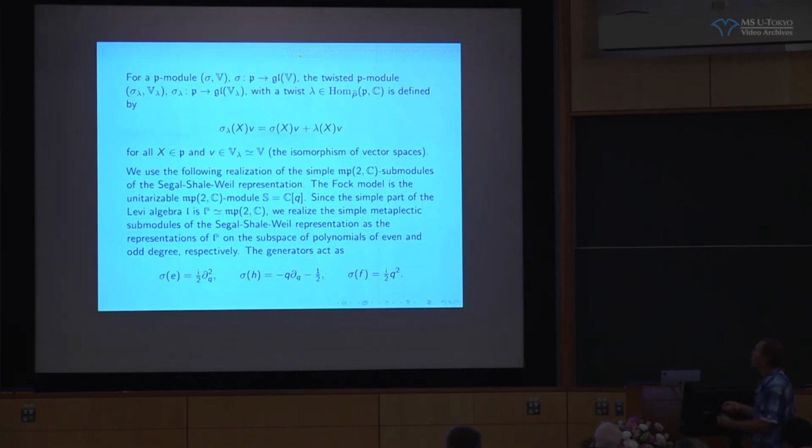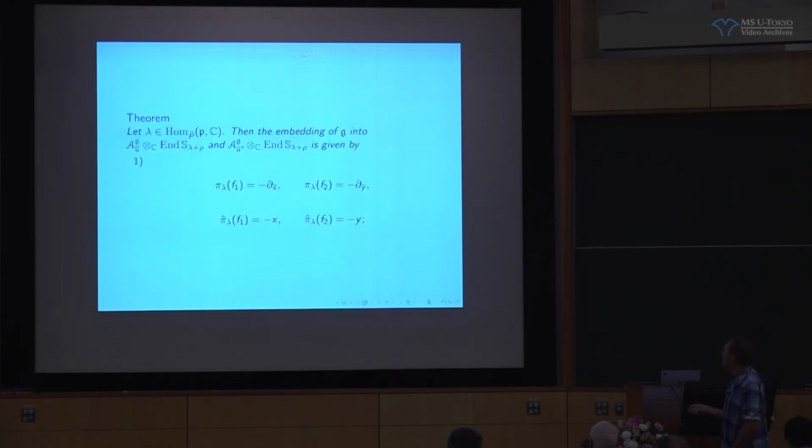So the Fock model is given by a unitarizable MP2C module, which is isomorphic to the polynomial algebra in one variable, which is denoted conveniently by q, and the corresponding generators act by the notoriously well-known formulas: second derivative in that fiber direction, the direction of the representation, and q squared, and the shifted homogeneity operator.